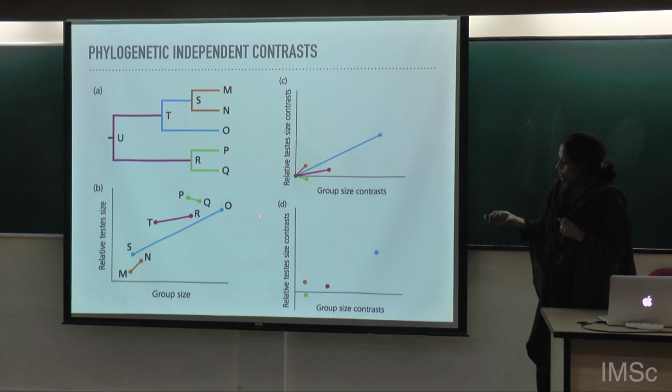So you have 4 contrasts, not 6 species dots, once you're done with an analysis like this. You're taking into account relatedness between species and distance of relationships. This is usually time, but we can convert it to a branch length.